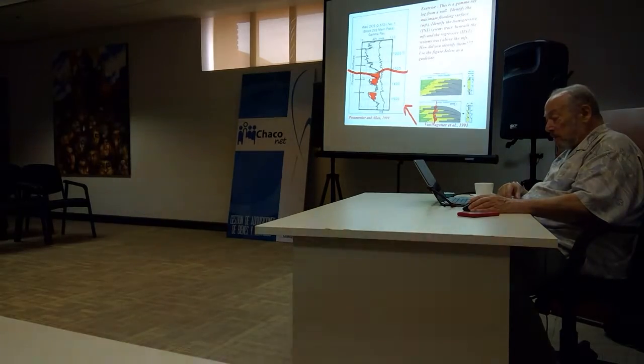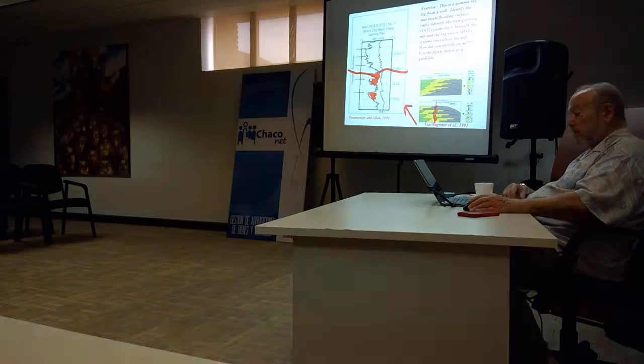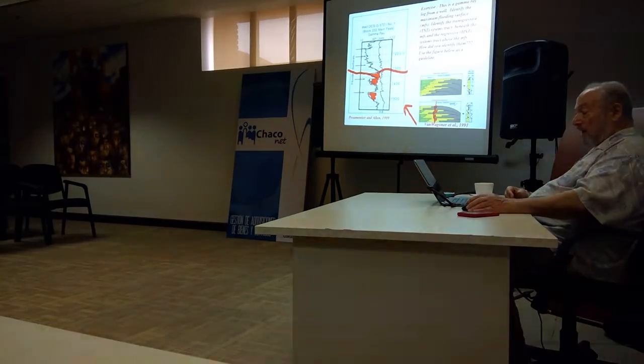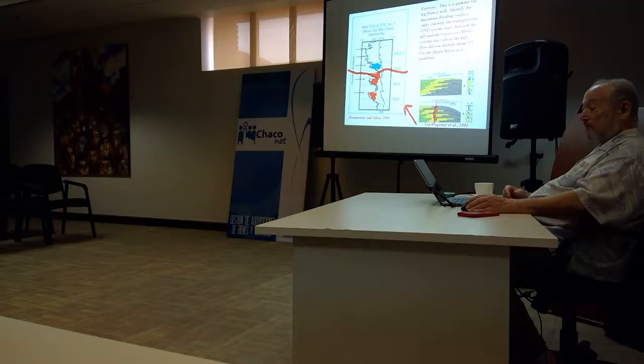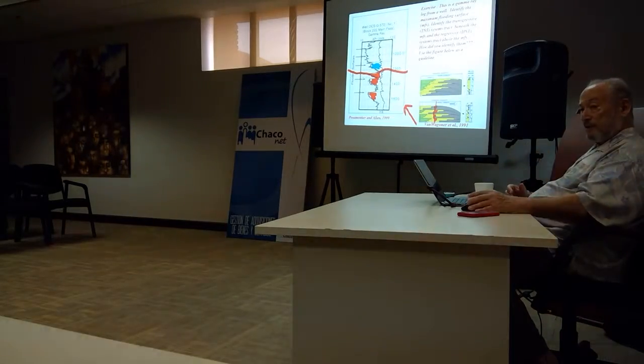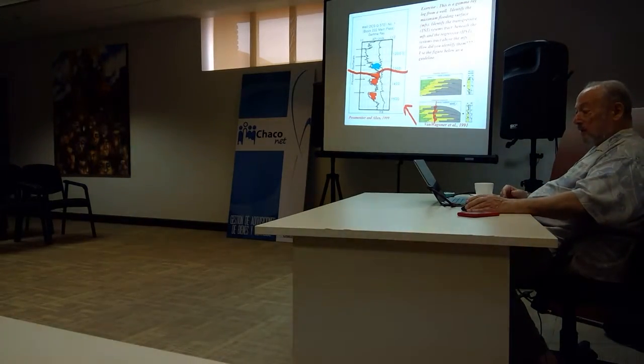Well, try this color. You've got a thickening upward package. Here you've got a sand, and it says a flooding surface, but you just see a little shale, meaning that you've got a shale there, it's just not thick enough to be resolved by the log.